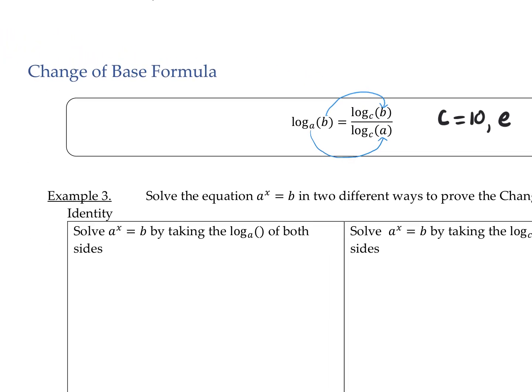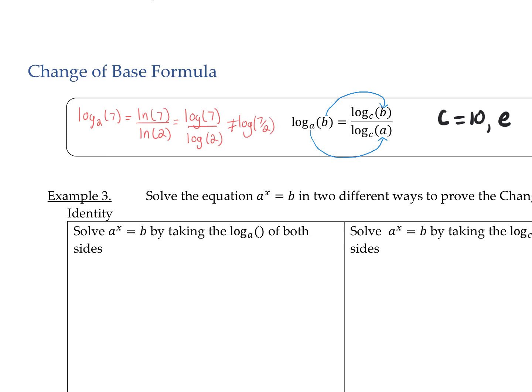For an example, I could say log base 2 of 7, and I could say I want to change to natural log. So I do natural log of 7 divided by the natural log of 2. But I also could change to common log, and in that case I would do log of 7 over log of 2. And this is not the same thing as log of 7 over 2.